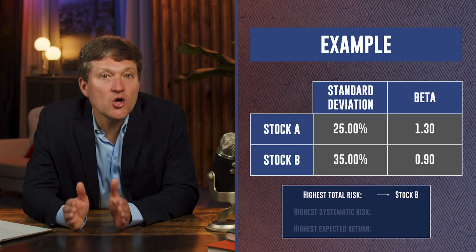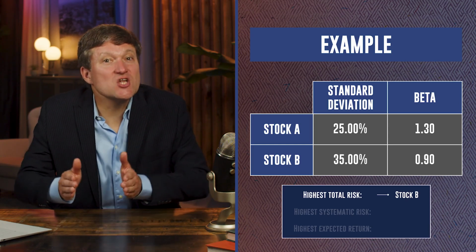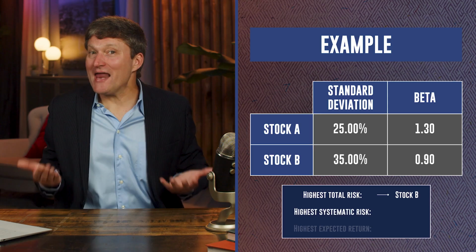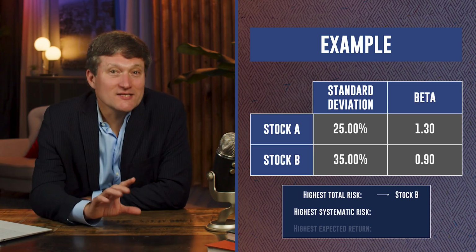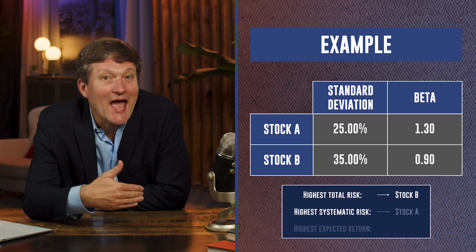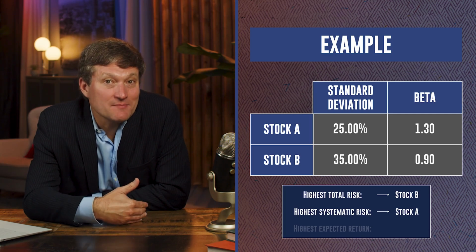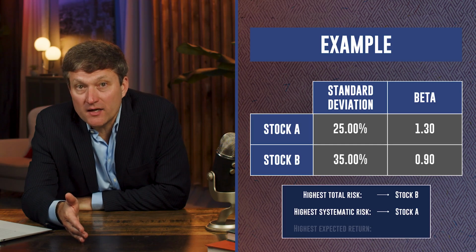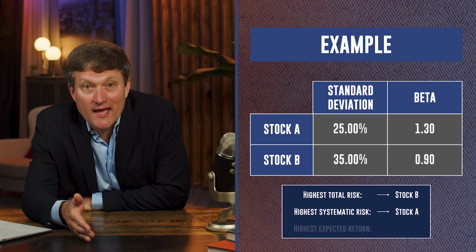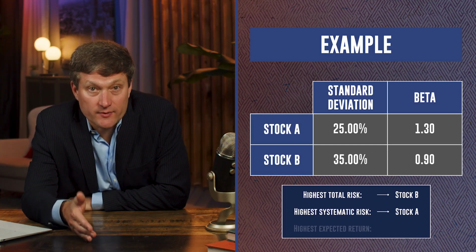It has more total risk. Which stock has the most systematic risk? If you'll notice, the answer flips. Stock A. Stock A has a beta of 1.3 compared to stock B, a beta of 0.9. Stock A has the most systematic risk.